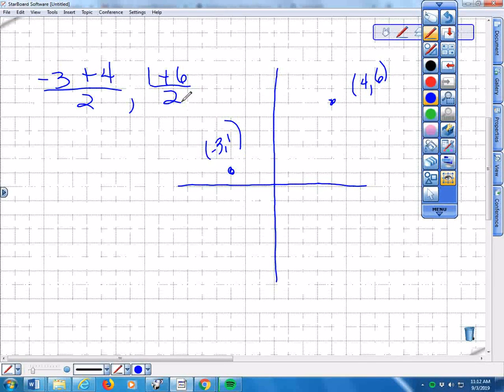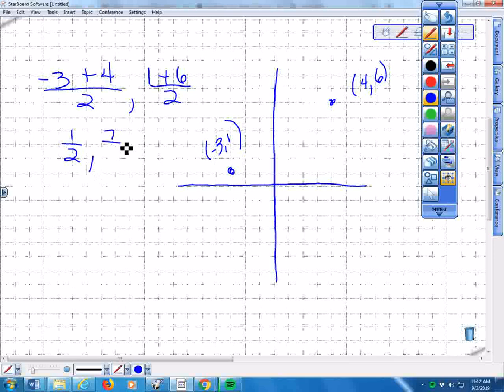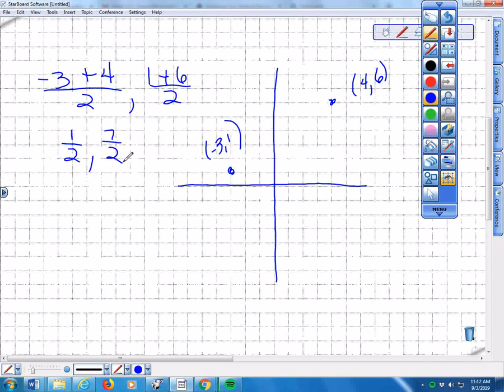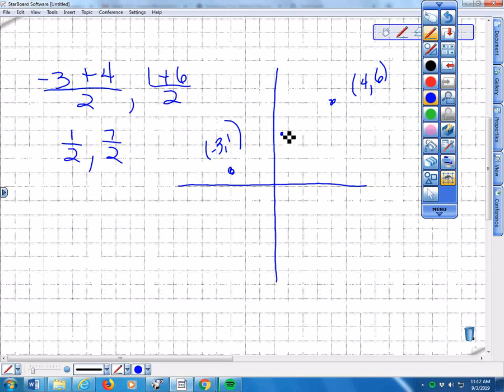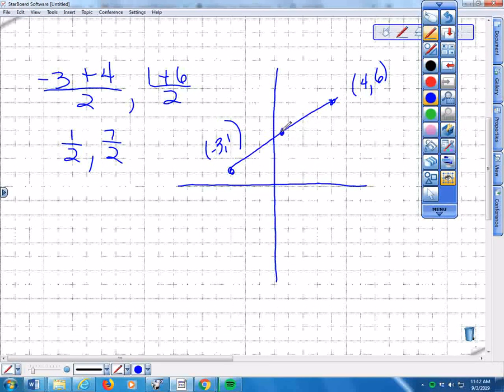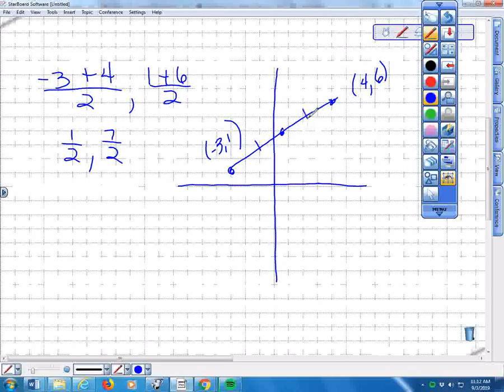So this ends up being 1/2 and 7/2. So if I go over 1/2 and up 3.5, and then connect these two, that point is the midpoint, which means it splits this segment into two congruent parts.